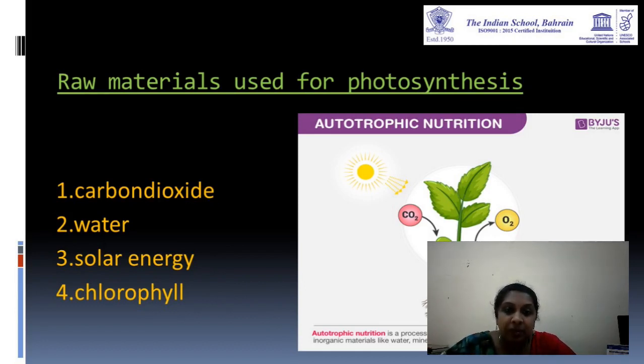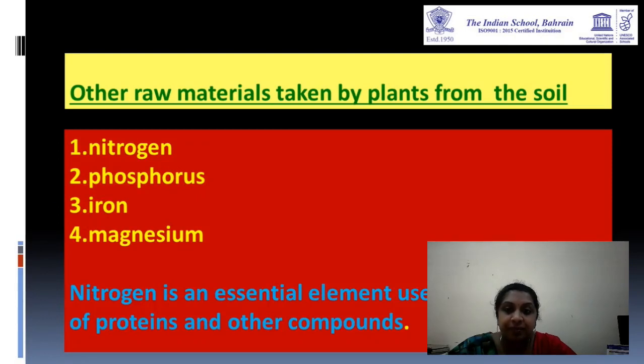Plants get solar energy from the sun, and chlorophyll is the green pigment that is already present in the leaf. So these are the raw materials that are used by the green plants for photosynthesis. Apart from these raw materials, green plants require other raw materials too, which they get from the soil. They are nitrogen, phosphorus, iron and magnesium.